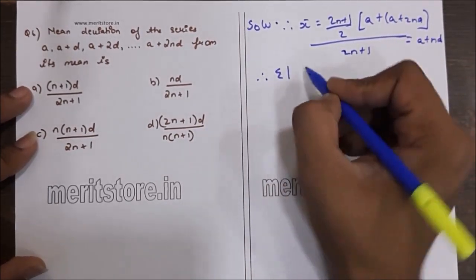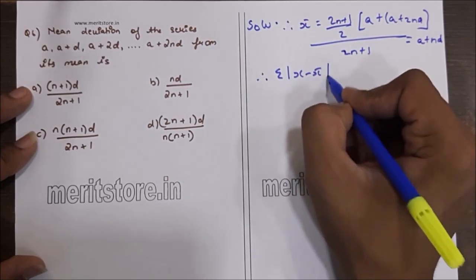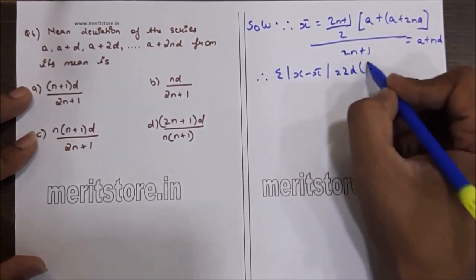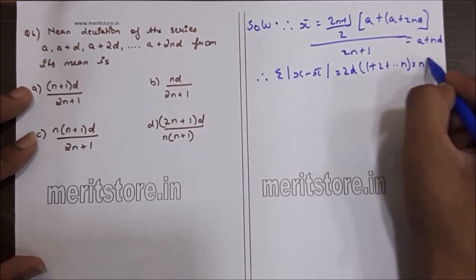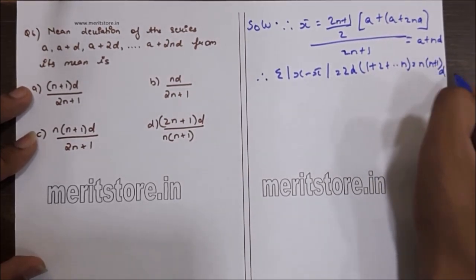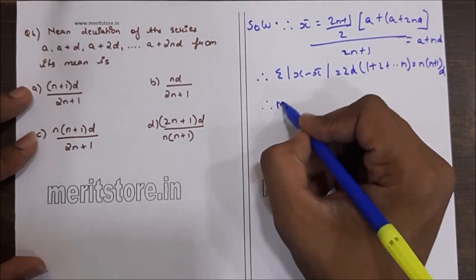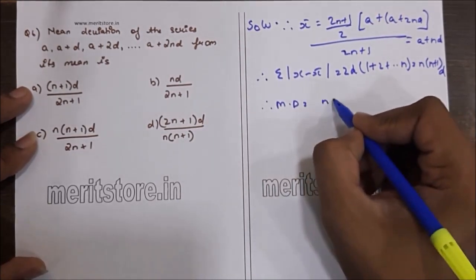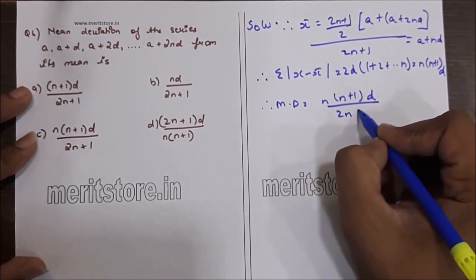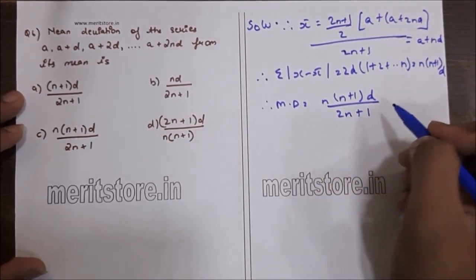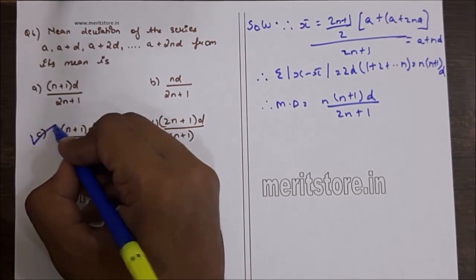Therefore summation of mod x minus x bar is equal to 2d into 1 plus 2 plus till n, is equal to n into n plus 1 d. Therefore mean deviation is equal to n into n plus 1 d upon 2n plus 1. Therefore option C is correct.